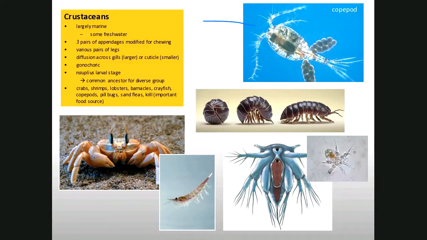This is actually a picture of a Nauplius larvae, and the other one's a drawing. The Nauplius larvae is common for all members of this crustacean group. So for all the differences, the crabs, the shrimps, the lobsters, the barnacles, the crayfish, the sand fleas, the krill, which is a little shrimp and a very important food source, all of them have that Nauplius larval stage.